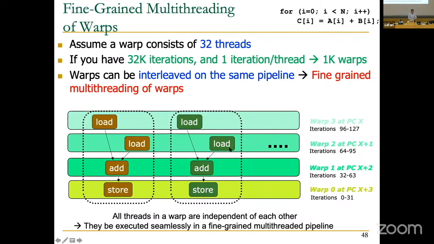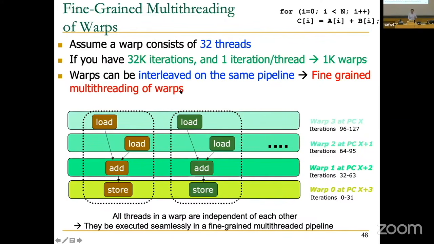Because you may have multiple functional units, in the load unit you may have warp 2 executing PC X plus 1, which is a load, for iterations 64 through 95. In the other load unit, you may have warp 3 executing iterations 96 through 127. So you can see that different sets of iterations are getting executed on different functional units.